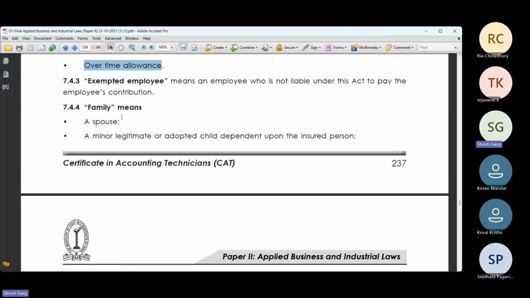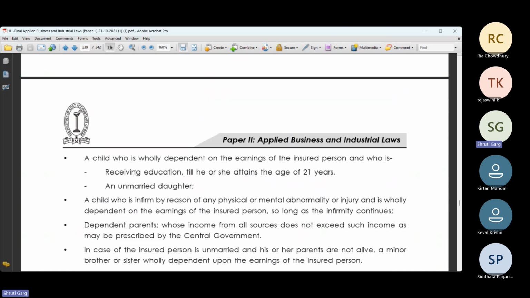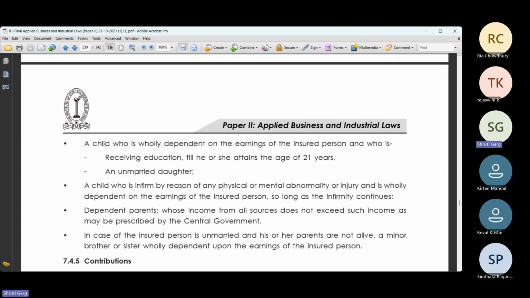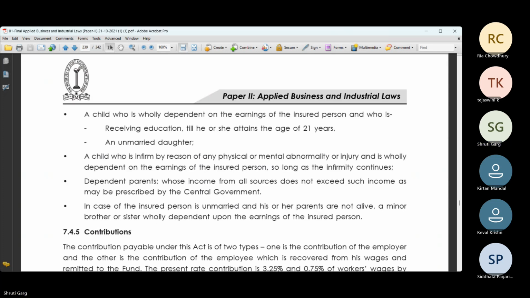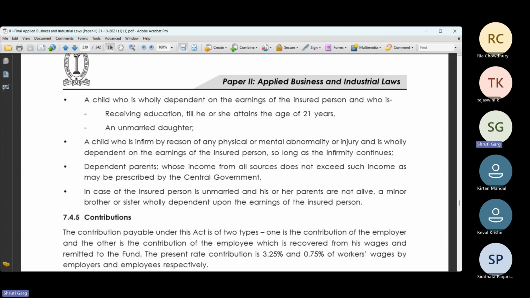Once again, spouse, dependent child, adopted child, legitimate child, minor child will be covered. A child who is dependent on the earning of the insured person, up to the age of 21 years and receiving education. An unmarried daughter will also be covered in the ESI benefits.